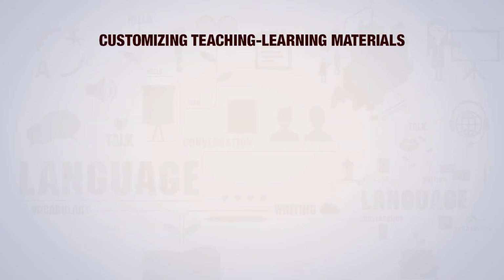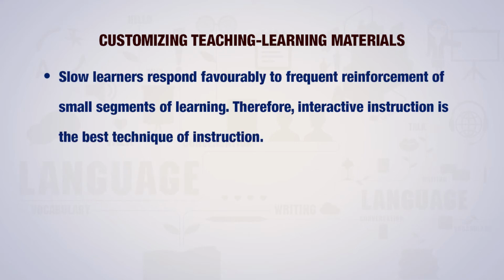Another way of teaching slow learners is by customizing the teaching learning materials, because they will always respond favorably to small segments of learning reinforced. So instruction must be repetitive and interactive. Instruction must address the obstacle. And in writing, this is very easy because it makes it a form of generation of practice.